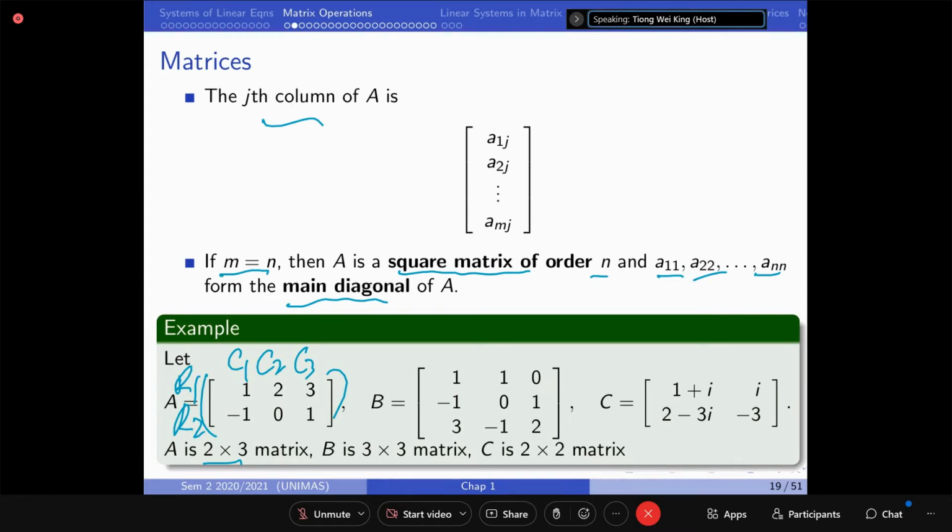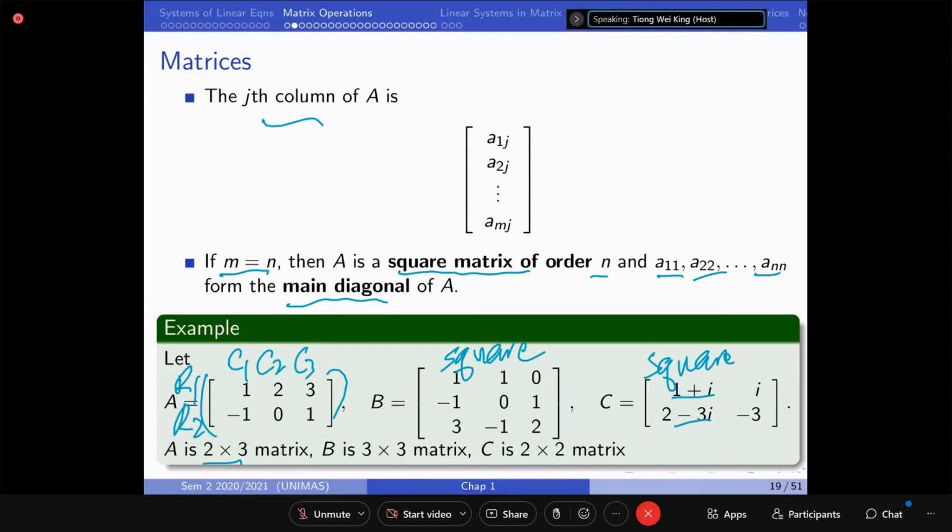So 3 by 3 means this is also known as a square matrix. C is a 2 by 2 matrix. This is a complex number. So this is also a square matrix.